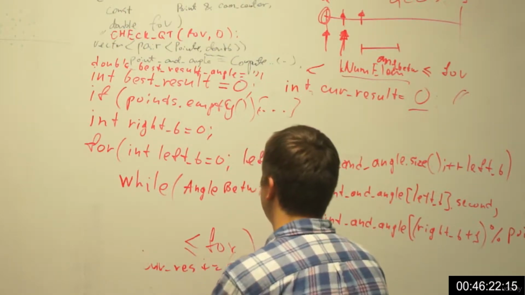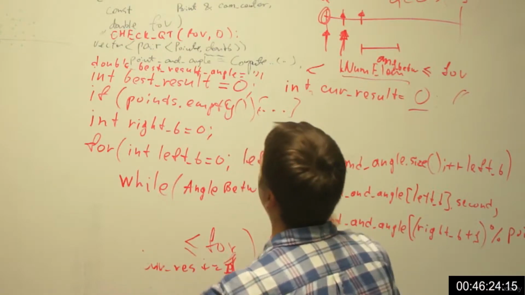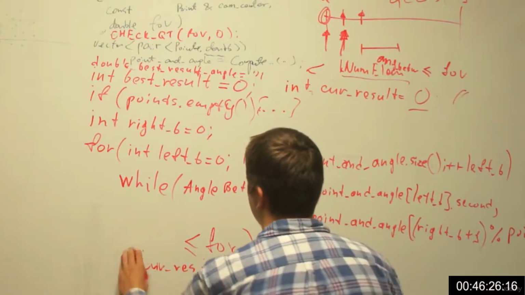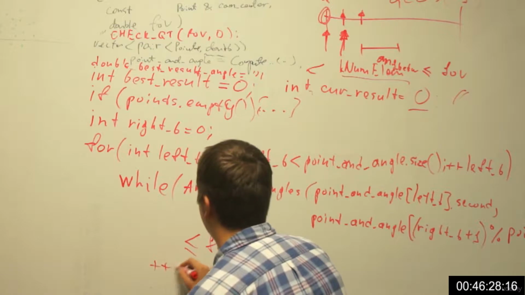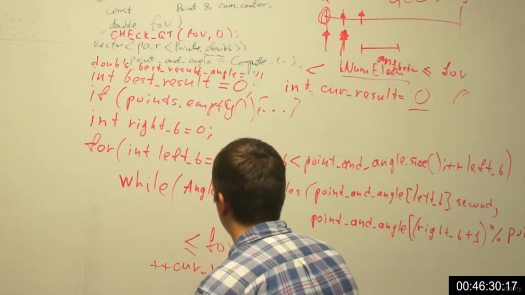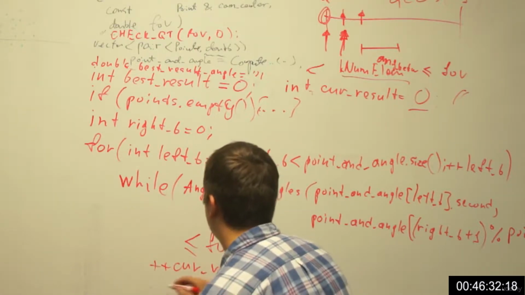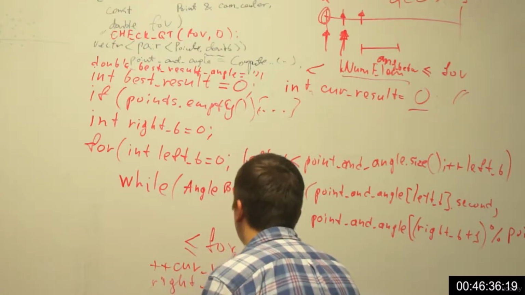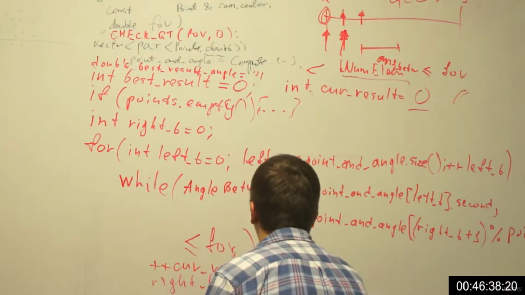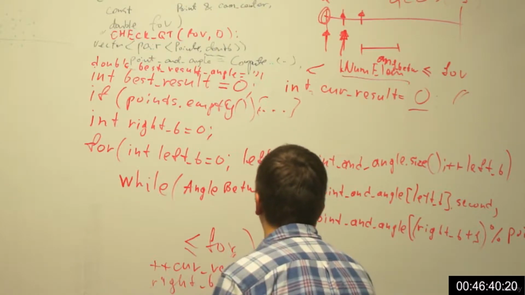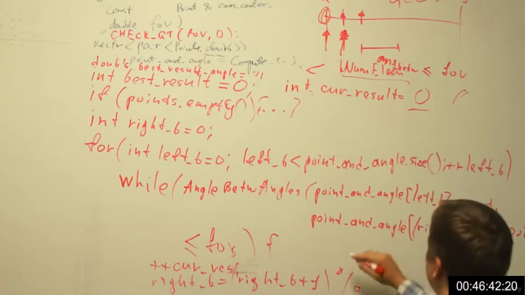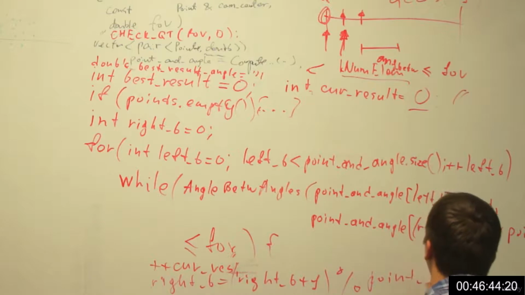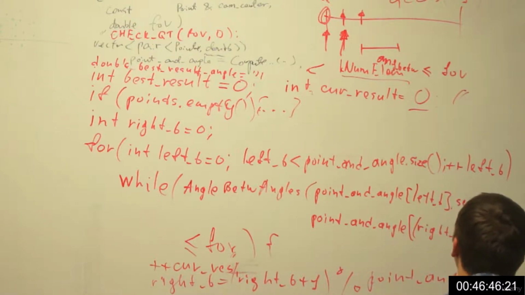We just add 1, because I thought it's a map, it's not a count. Just plus 1, current result. And so right bound equals right bound plus 1 modulo number of elements, angle size.